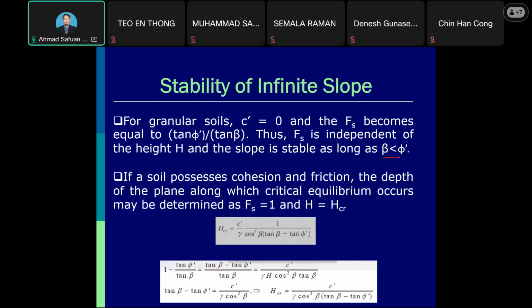So this is what has been discussed before. If the beta is less than the phi, then we can say that the factor of safety is greater than 1.